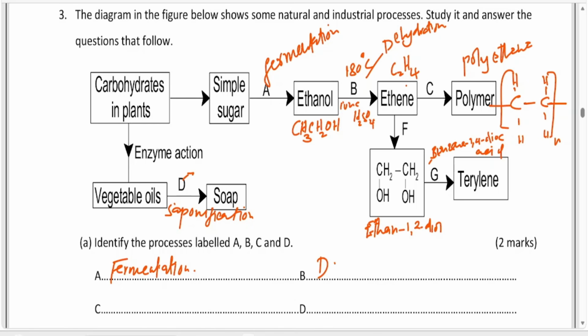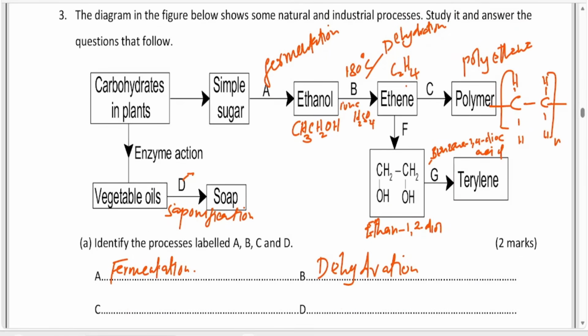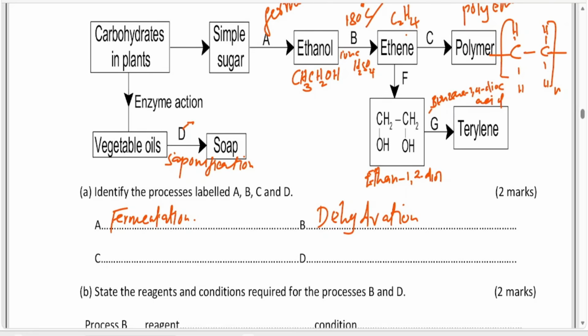Process C, from ethene to polymer, is polymerization, and specifically addition polymerization. And then D: the process that leads to formation of soap from vegetable oils, we call it saponification.